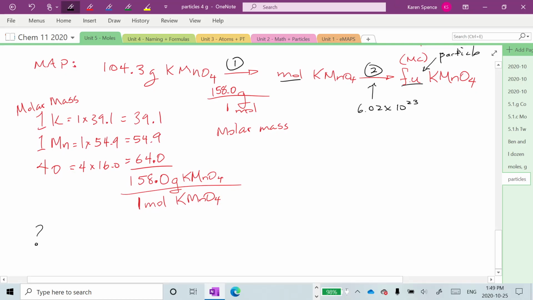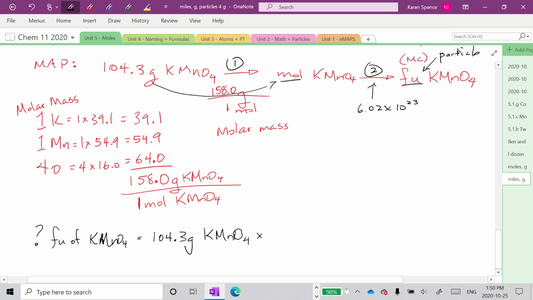How many formula units of KMnO4 are contained in 104.3 grams of KMnO4? There we go. And remember, in step 1, we're converting between grams and moles, and we're going to use our molar mass.